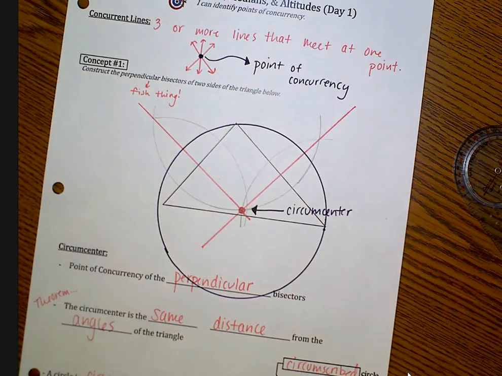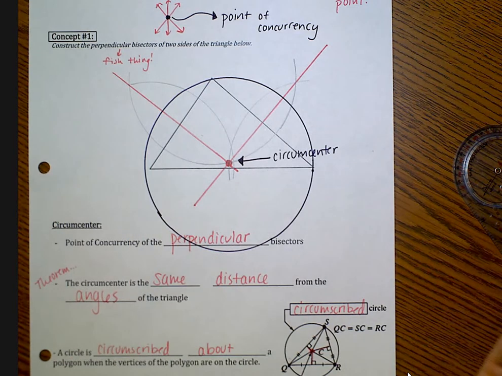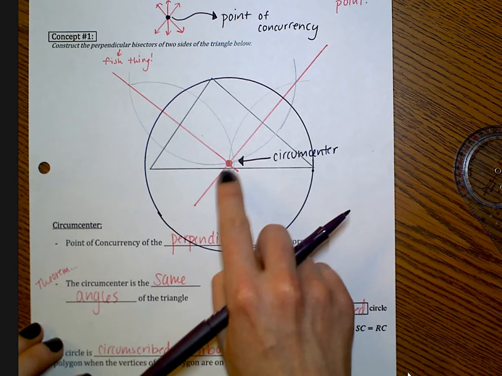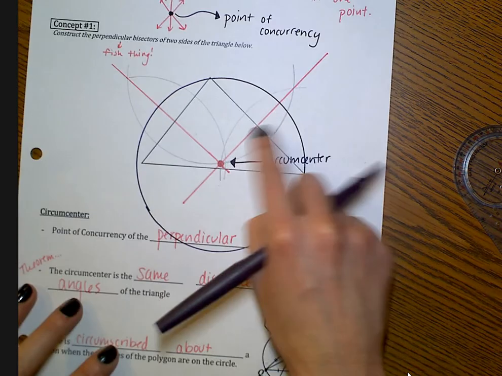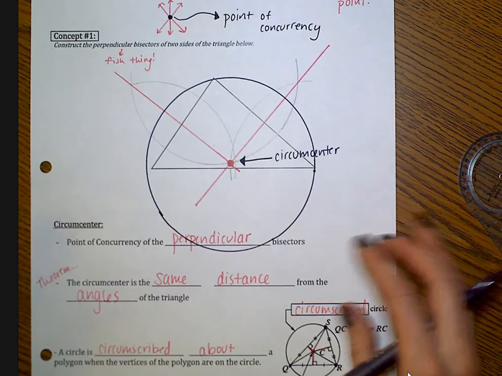Okay, so as you can see, mine was not perfect. I missed this point right here. I should go back and fix it, but it's probably just because I used pen, and sometimes when you connect the points, it's not totally accurate because it's thicker. But you get the idea.